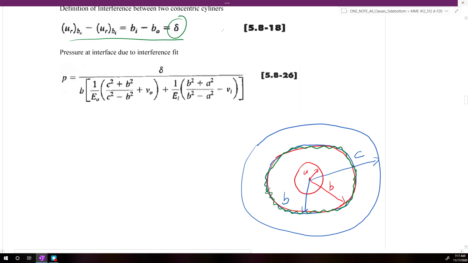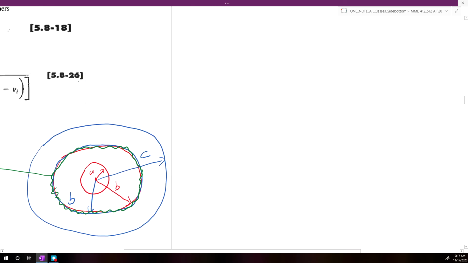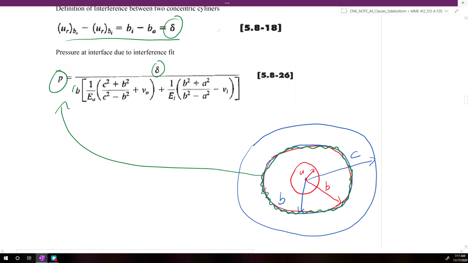That delta term will cause an interference pressure that we'll label with a lowercase p. That interference is a function of the displacement, the radius at the interface, and the material properties and dimensions of our two cylinders, the outer cylinder and the inner cylinder.